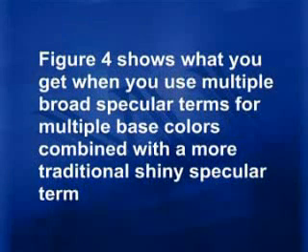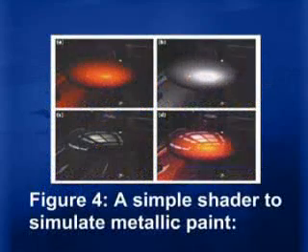The next figure would be showing what we get when we use multiple broad specular terms for multiple base colors combined with a more traditional shiny specular term. You can take a look at this picture. Now this is going to talk about how different lights would be used in order to come up with the final form of the object.